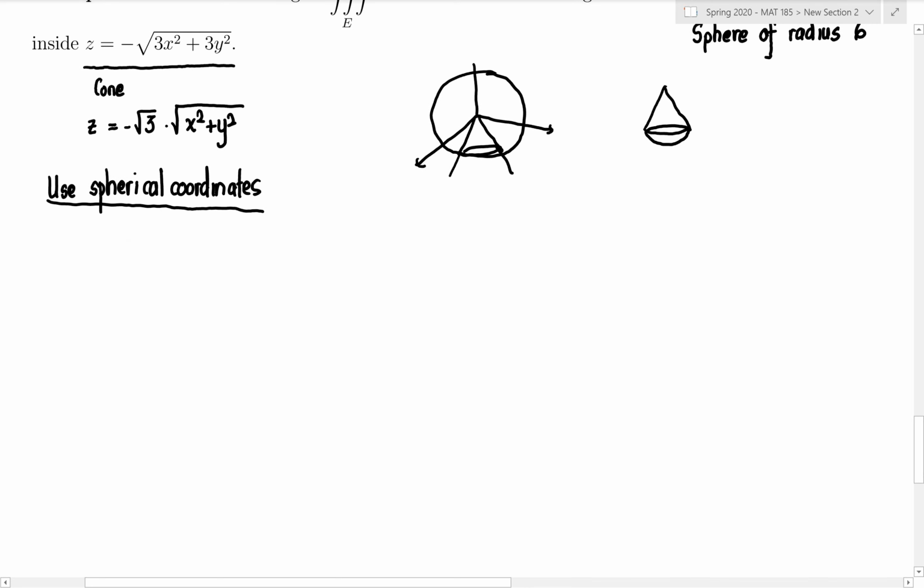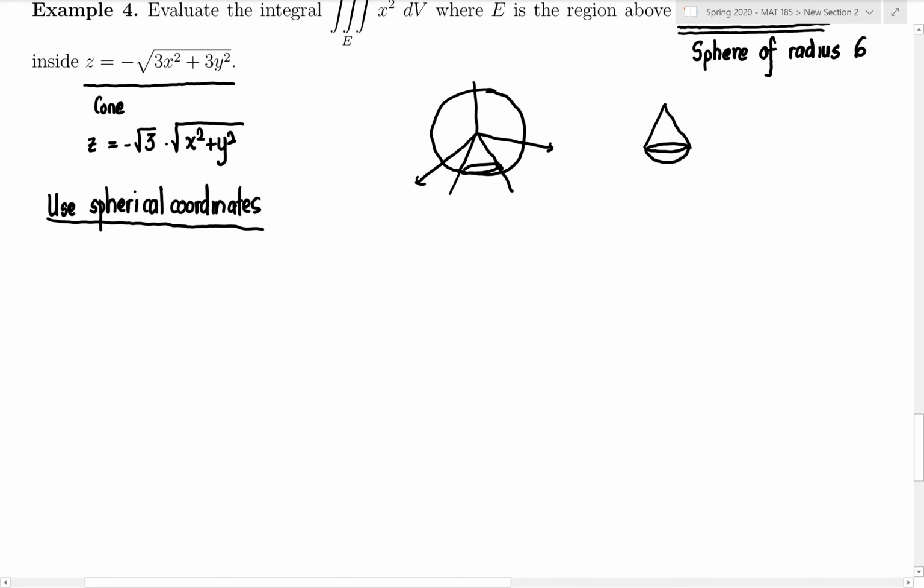So if you look at this one here first, for rho, we see automatically that the smallest it can be is 0, the largest it can be is 6, so rho is going to go all the way from 0 to 6.